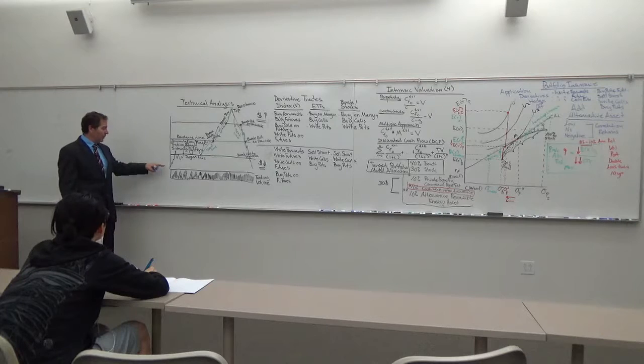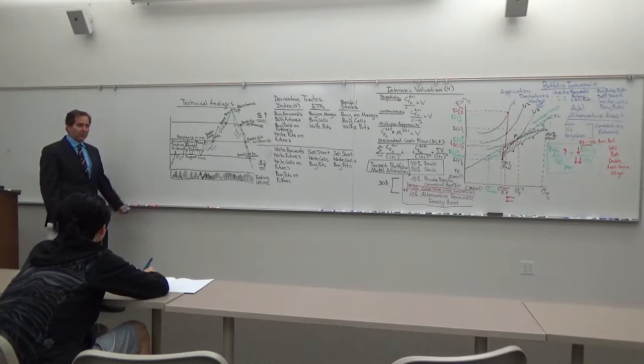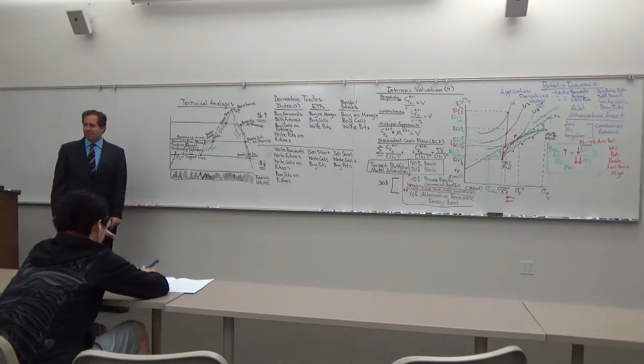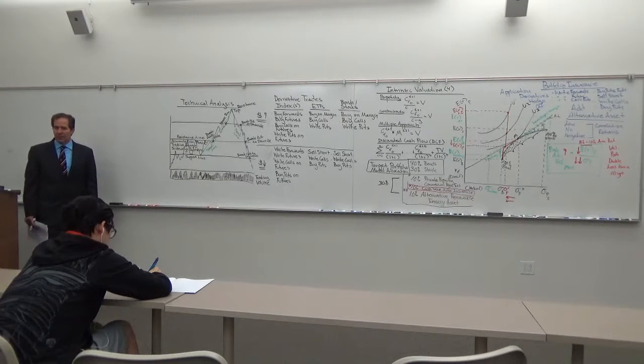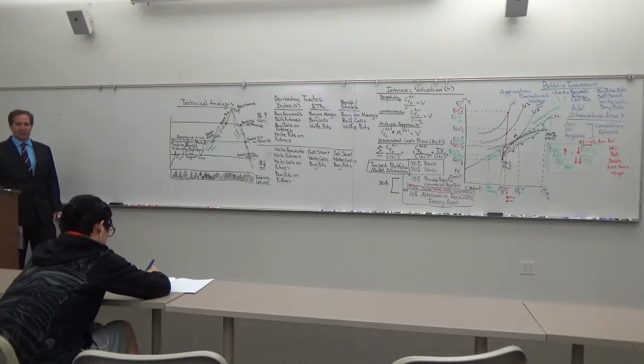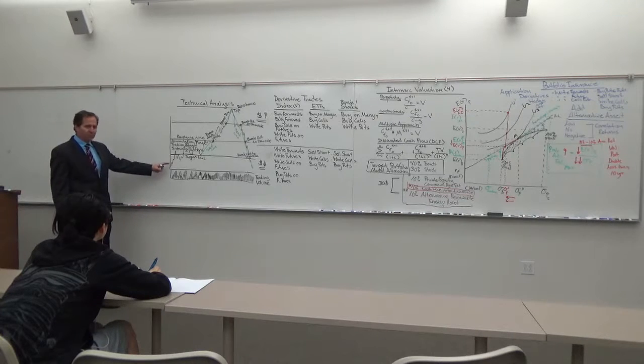So here is a price. This could be any stock price or any index. Could be gold prices, could be oil prices, could be a bond price index, could be a stock price index, could be an individual stock or corporate bond. They all adhere to the same technical, analytical trends. So the stock price moves up, the volume moves up.